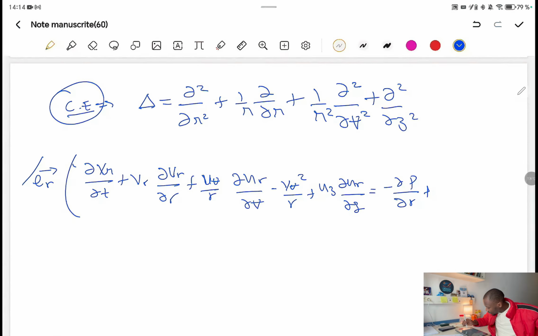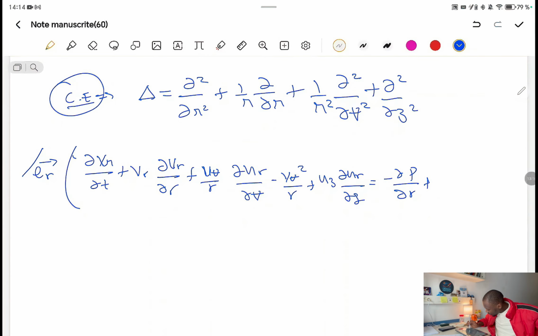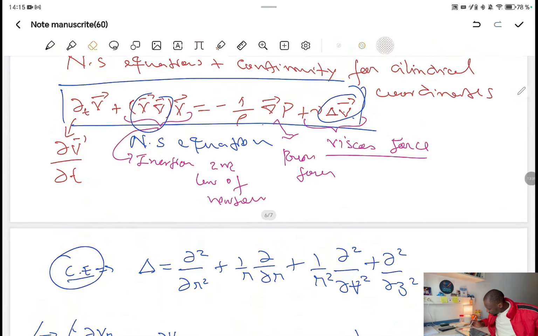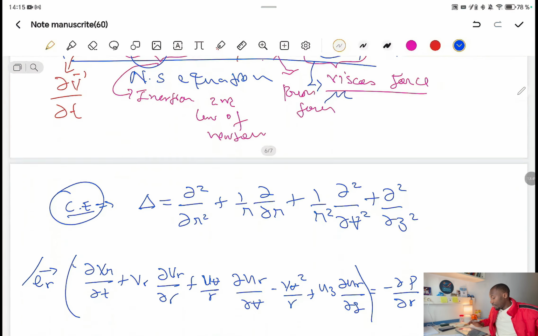Here what I did is I multiplied the Navier-Stokes equation by the density. So if I multiply by density, I will have the dynamic viscosity here, that one will disappear, and at the left hand side I'll have it multiplied by the density.